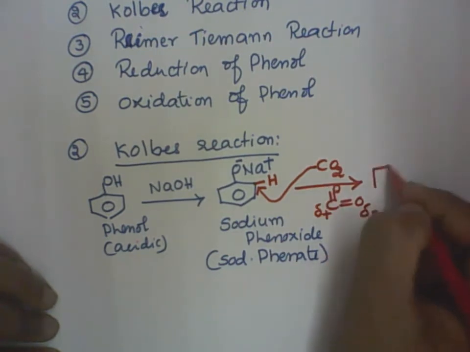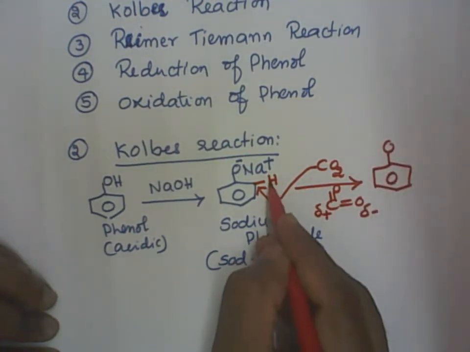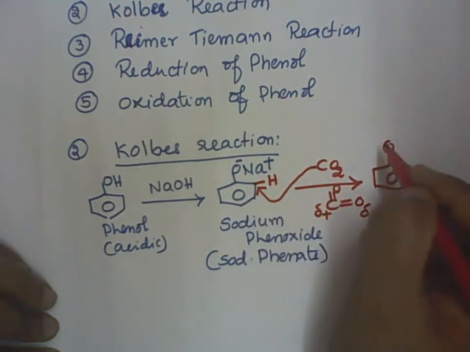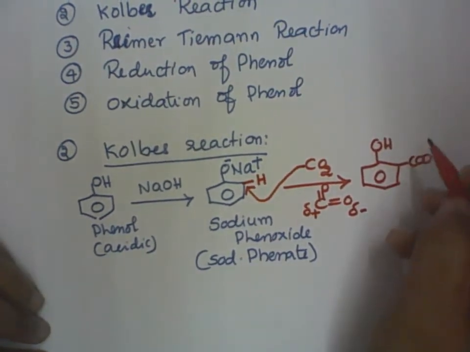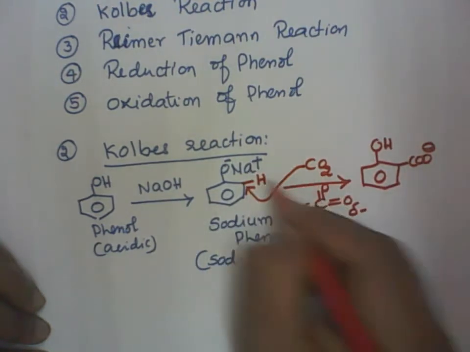So now what will happen? This hydrogen is removed. Substitution takes place here by the CO2 group. Hydrogen will be detached, H plus will be attached to the oxygen to form OH. Then we'll be writing COO minus, and the sodium part will be coming here.